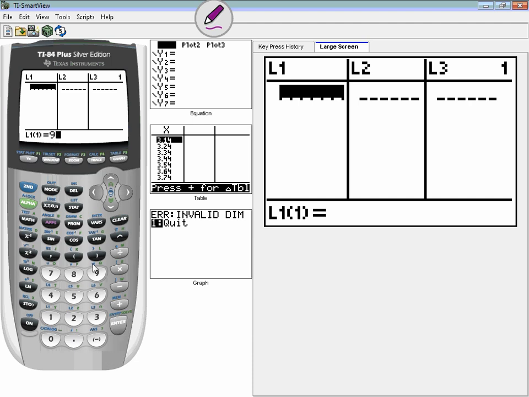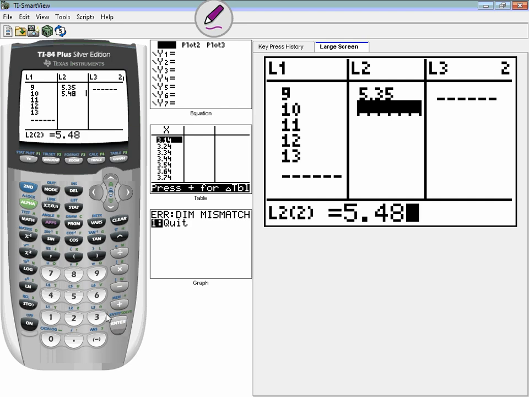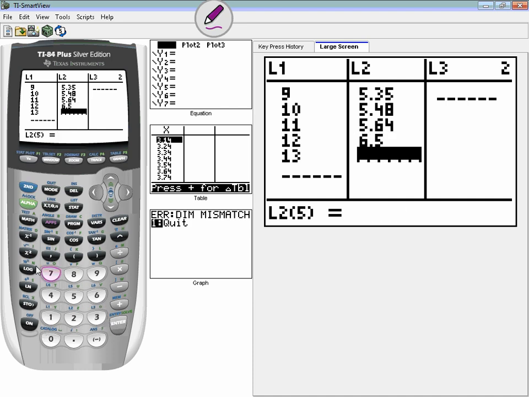So list 1, we're doing 9. All right, everybody good with your data values?